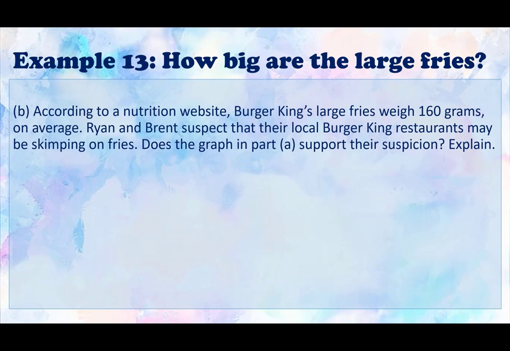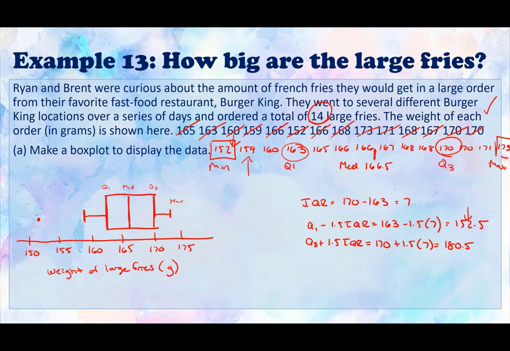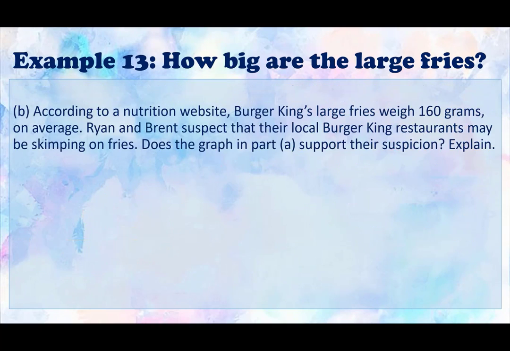Now, if you guys look back at the graph, remember 160, we can see that the first quartile is at 163. So we know that our first quartile is at 163. Now, why is that important? So the first quartile, quartile, not quarter, is 163 grams.